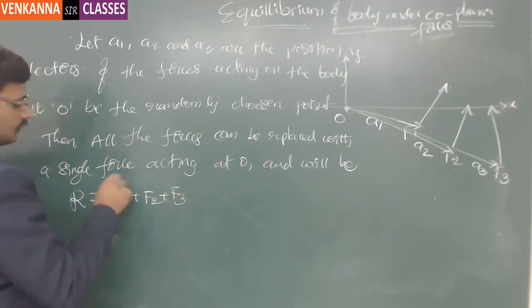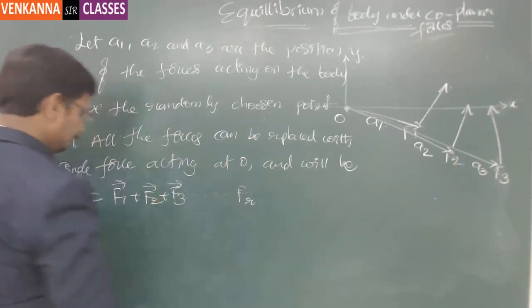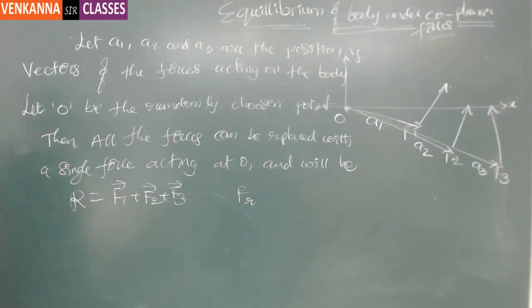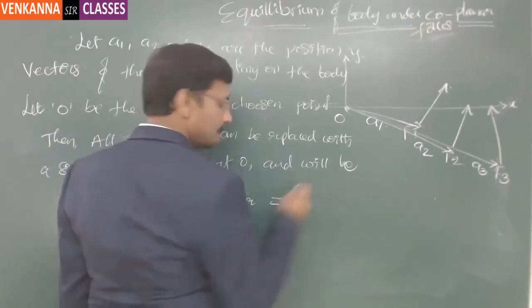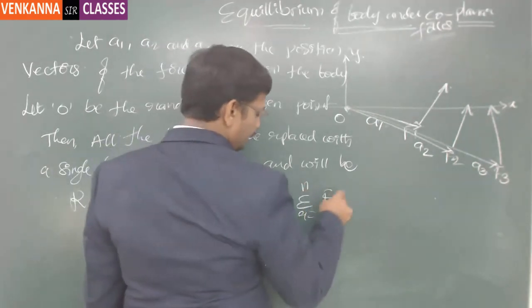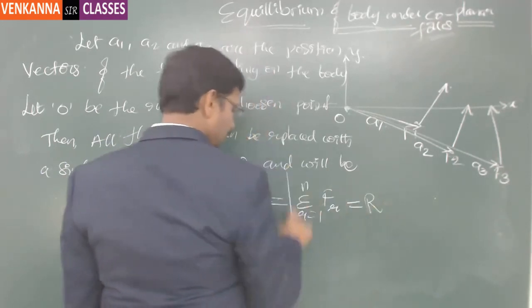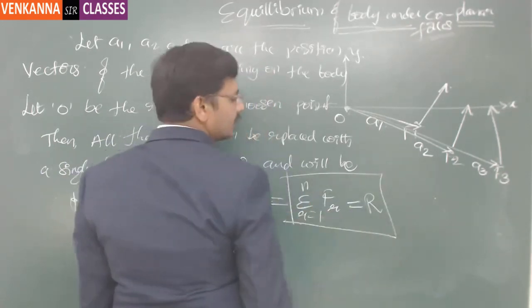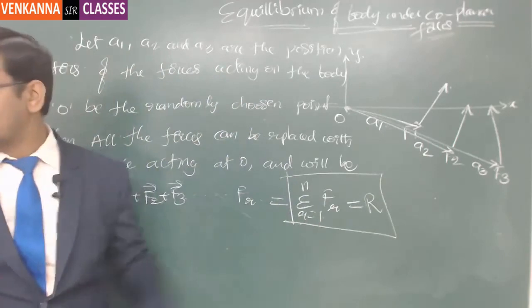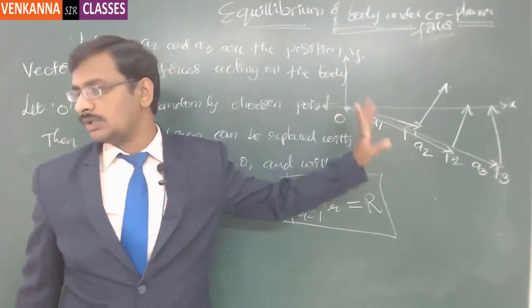If there are multiple forces, it can go till Fr. Or else this can be written as R equal to sigma r equal to 1 to N of Fr. This is nothing but the capital R, the resultant force, and this force is acting at a single point O, the combined effect of all these forces together.